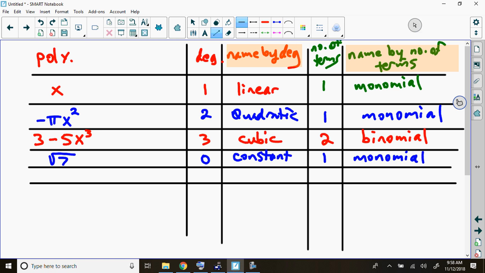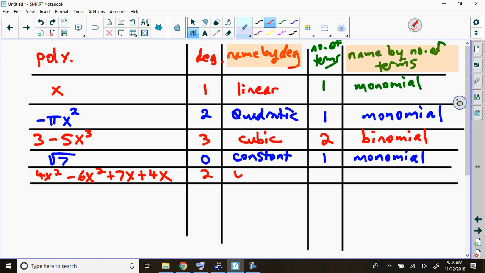So let's look at something like 4x squared minus 6x squared plus 7x plus 4x. What's the degree there? Well, the degree is not 6. The degree is just the biggest exponent that shows up. So the degree is 2. So what's the name by degree?